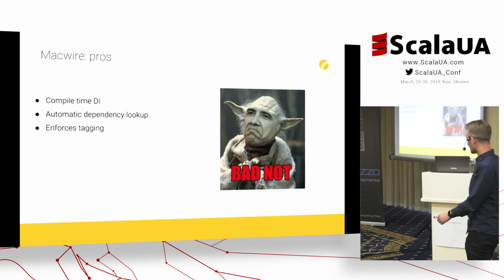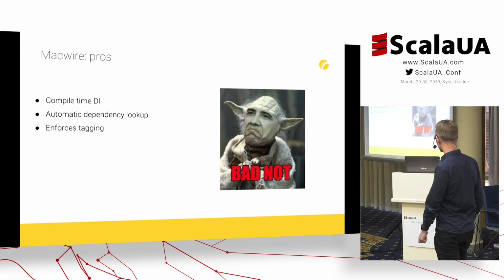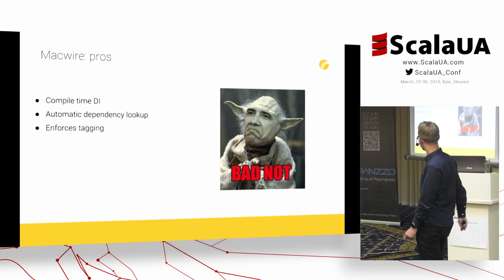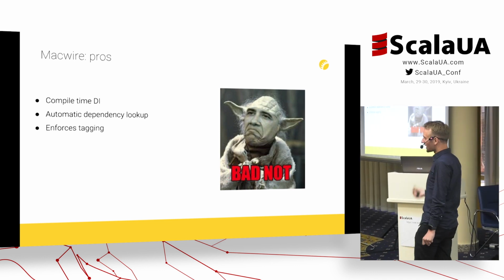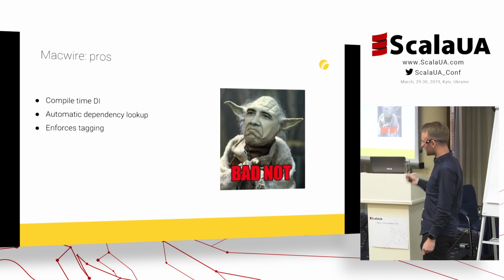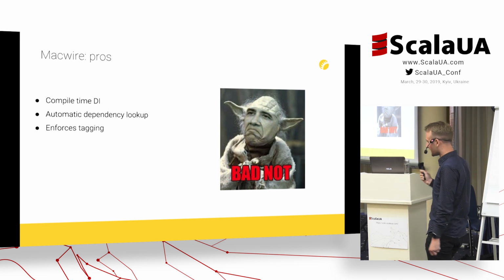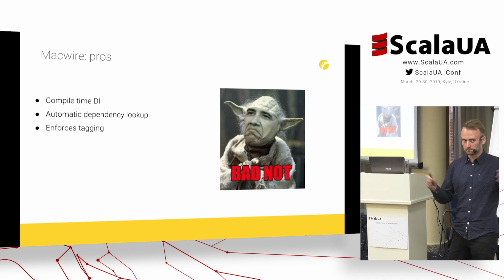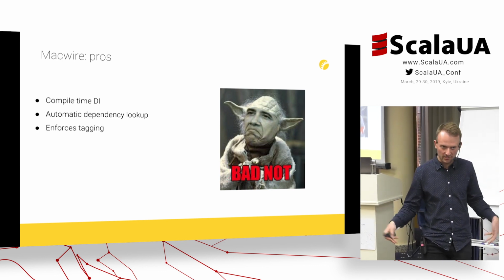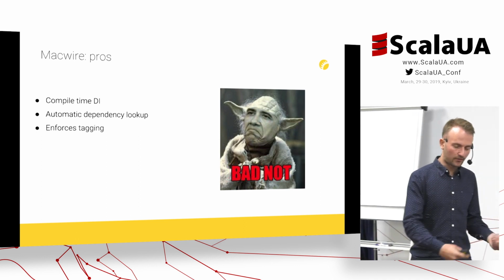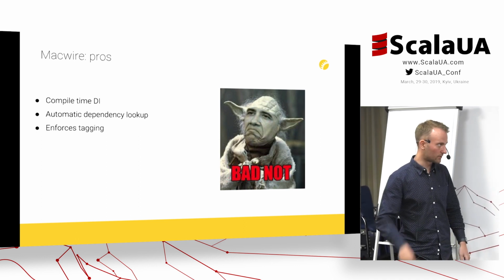Macwire is compile time dependency injection. It automatically generates code. It automatically looks up dependencies in the scopes. The Scala compiler provides implicit resolution, and it forces you to tag, because if your classes depend on very common types like strings or integers, Macwire looks at the scope, sees two integers, and cannot tell which one to inject.